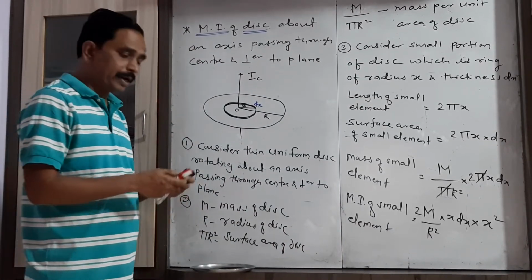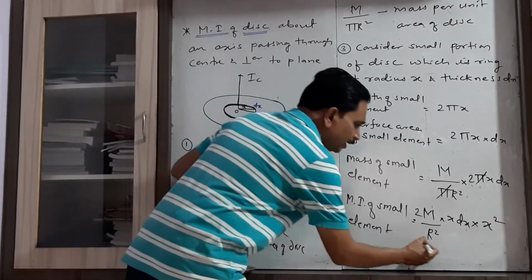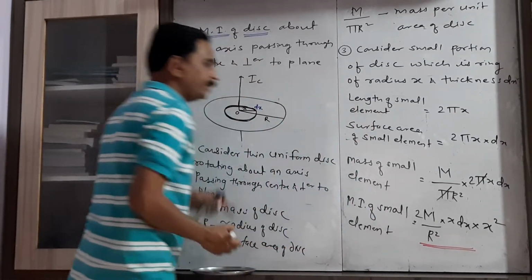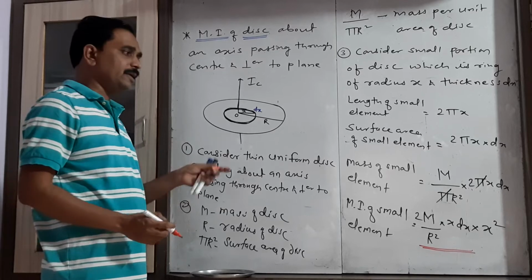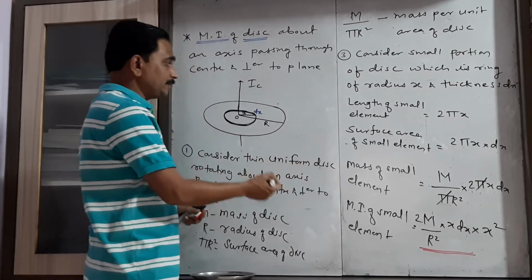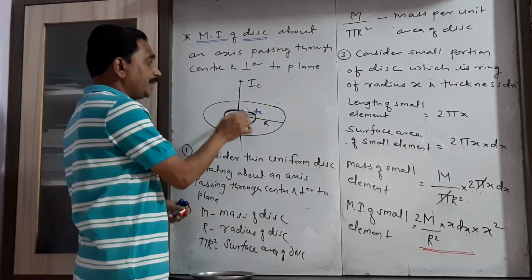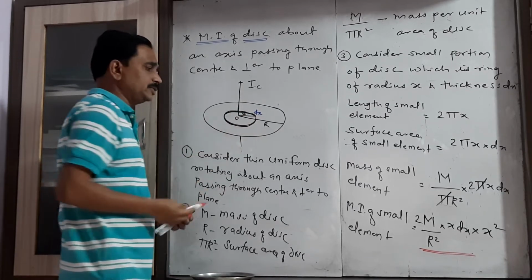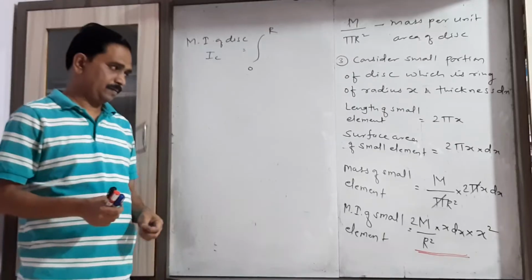Twice m upon r square into x dx, that is the mass of that small portion, that is the ring, and x square is the distance of that ring from the axis of rotation.